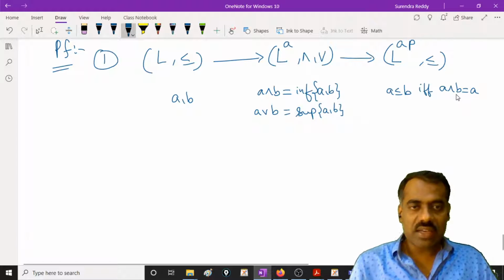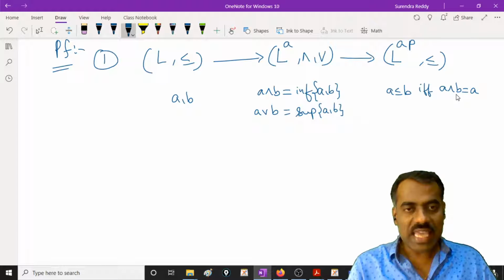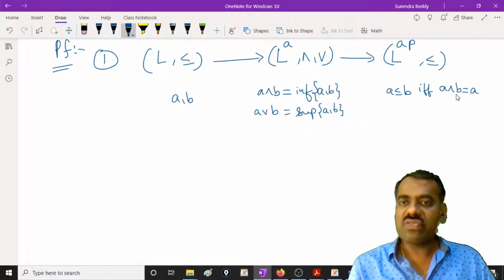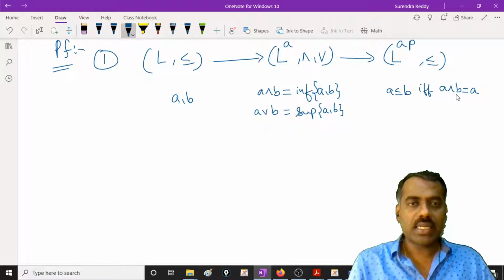Now we will show that if any two elements a is less than or equal to b here, then they are also related here, right?